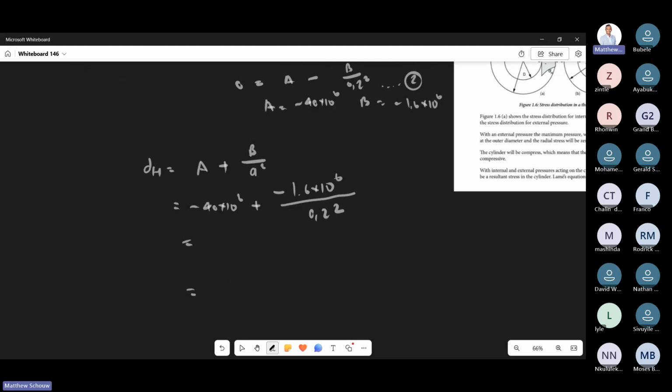And then we do the same here. I'm just going to say hoop again. This is at 200. The other one was at 400. 40 times 10 to the power 6 plus 1.6. Again, you could have made this negative and kept that a positive, but anyway. That is 0.4, I believe. Okay, so can we get the two stresses there?